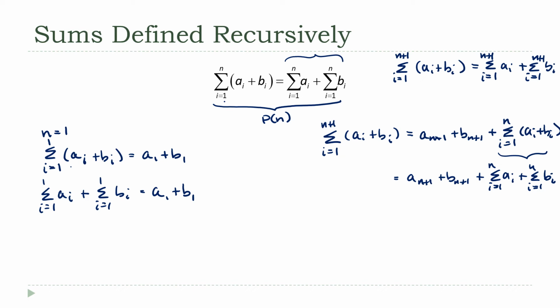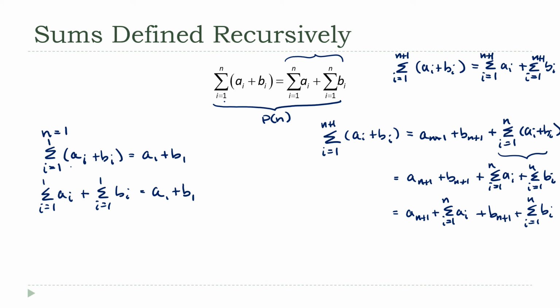All right, well, now rearrange them again. Let's put the a's together. This is a sub n plus 1 plus the sum of the a sub i from 1 to n plus b sub n plus 1 plus the sum of the b sub i, again from 1 to n.